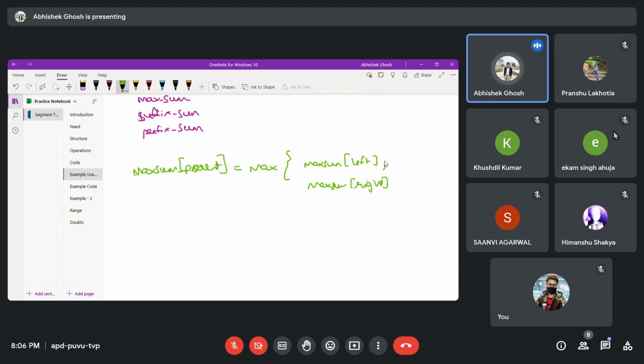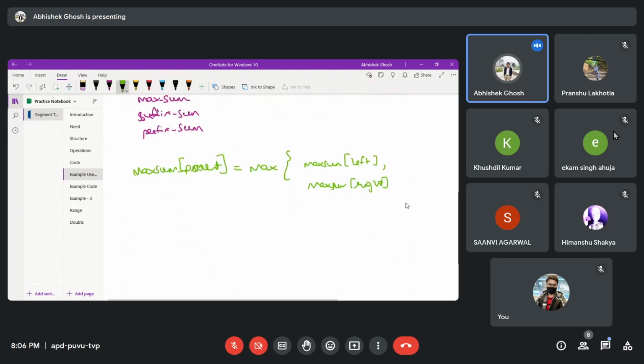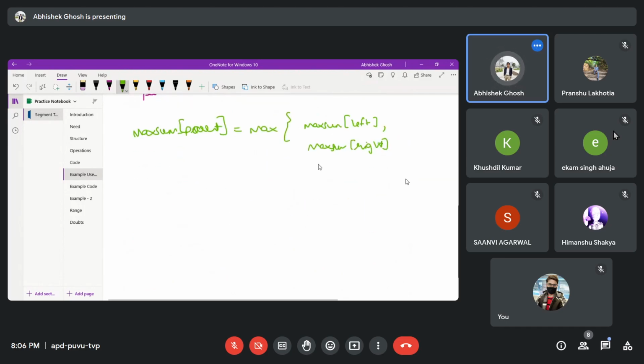These are the first and second cases, when the maximum sum completely lies on the left side or the right side. And when there is a slight overlap, we need the sum of these two: the maximum suffix sum of left added with the maximum prefix sum of right.